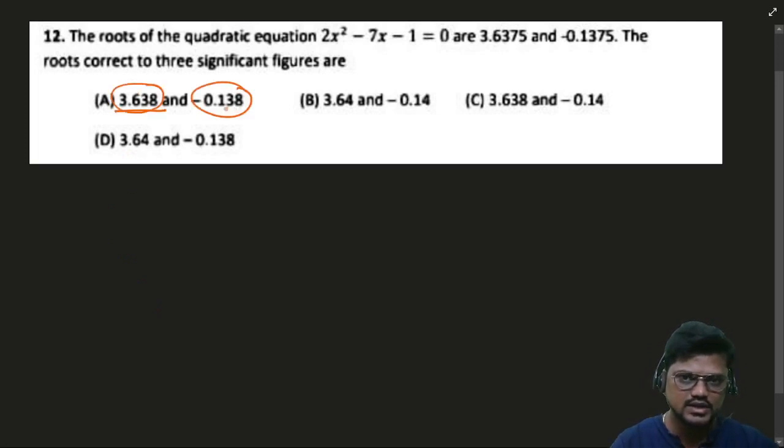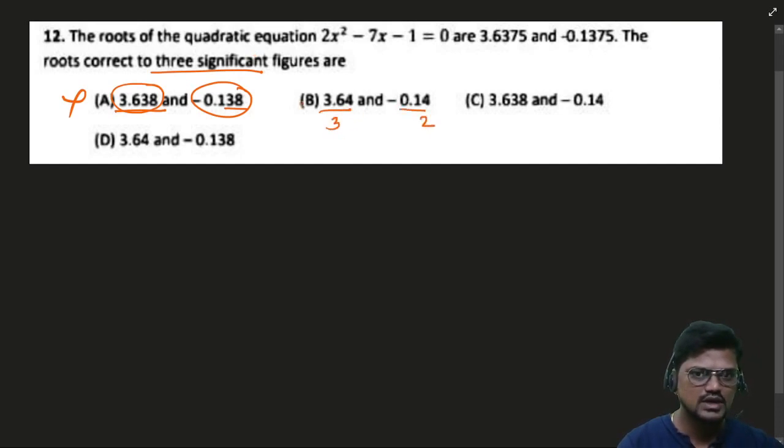Over here, there are 3 significant figures. That's why this answer cannot be, because we want only 3 significant figures. Over here, there are 3 significant, and over here, this is 2 significant. That's why this also cannot be the answer. Over here, there are 4 significant. Over here, there are 2 significant. That's why this can also not be the answer. Over here, this is 3 significant, and this is also 3 significant.